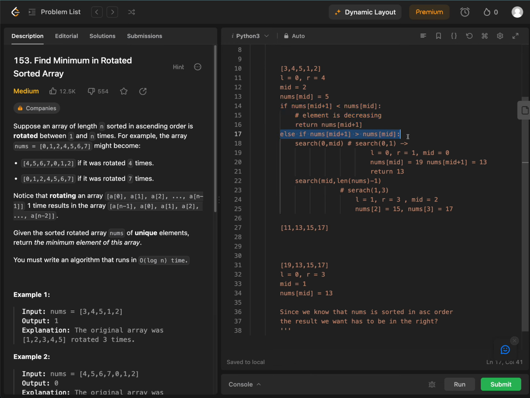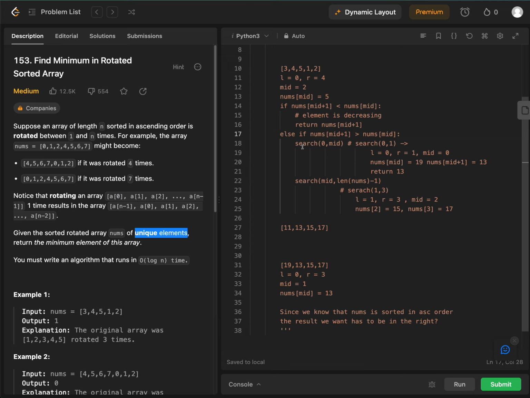The alternative is if nums mid plus 1 is greater than nums mid, so else, right? Else, because they are all unique elements. We know that they're unique elements, so they won't be equal, right? So we have else, and then what we want to do here is search. Essentially, we want to search the left half for any decreasing elements.